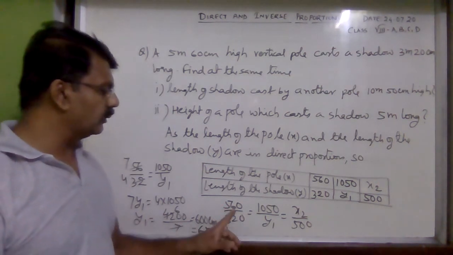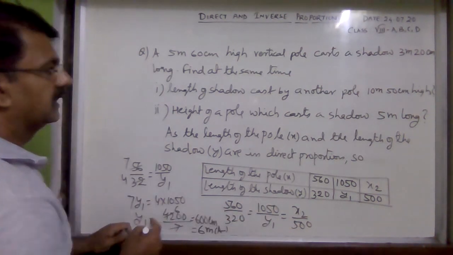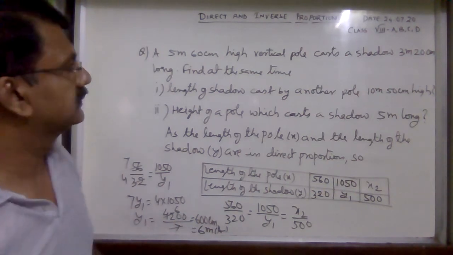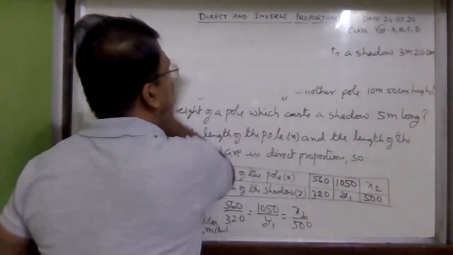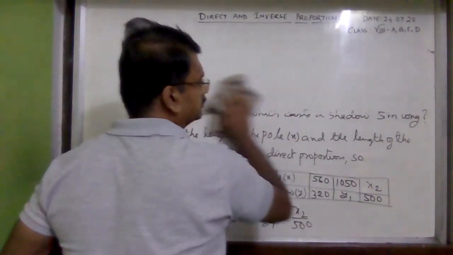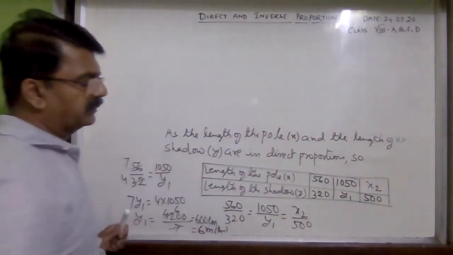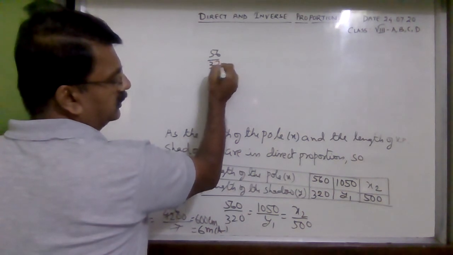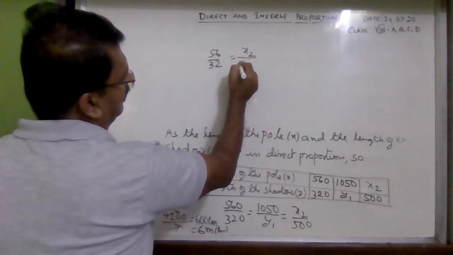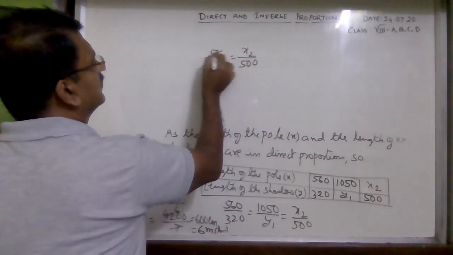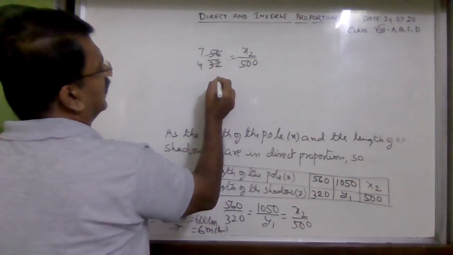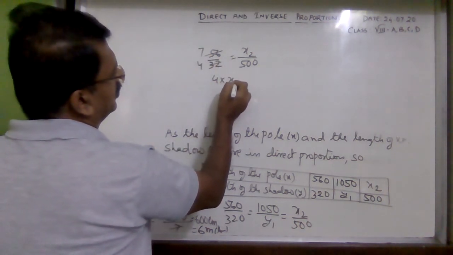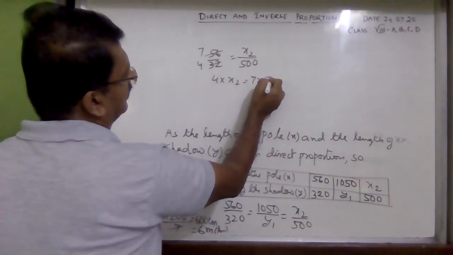Okay. Now you equate the first and the third part. We'll do it here. Equate the first and the third part, means 56 upon 32 is equal to x2 upon 500. Once again, 4 into x2 is equal to 7 into 500.